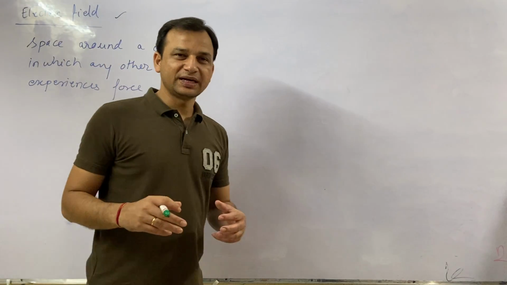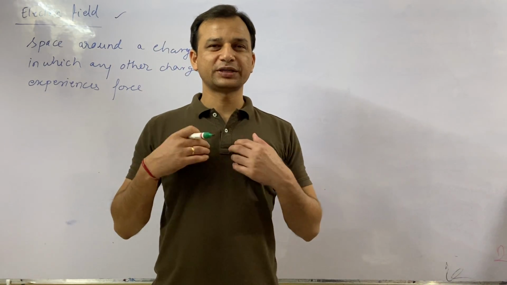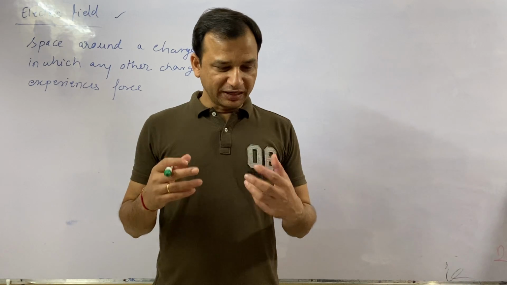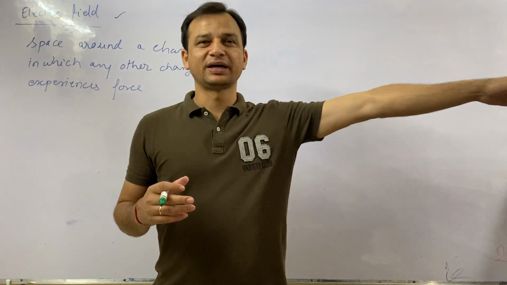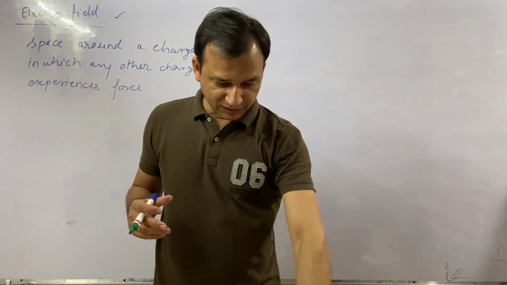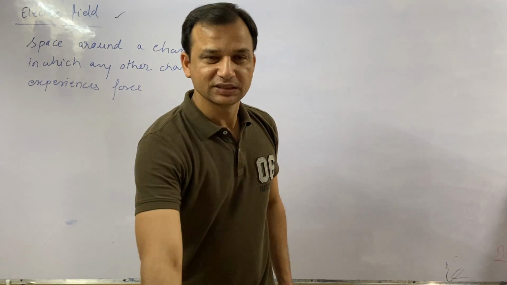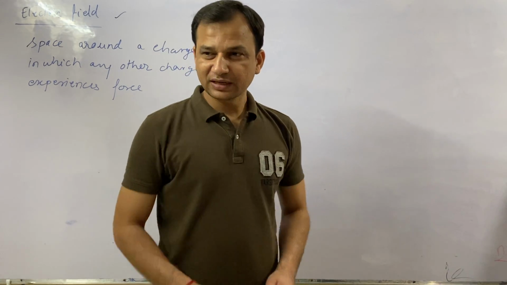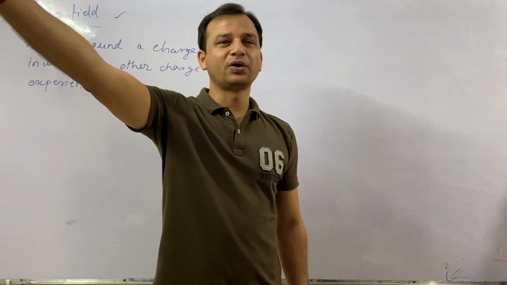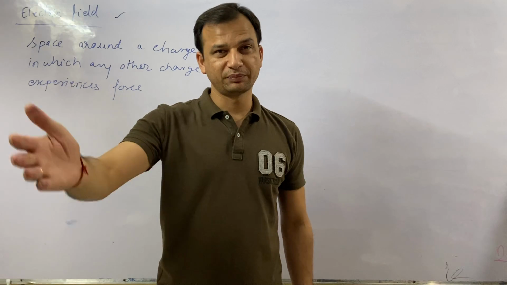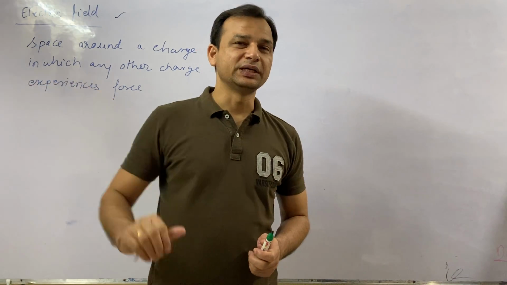So you can relate electric field with the field of any object. For example, right now my field is just limited to the length of my hand. I can pick anything, for example, I can pick this mobile, I can pick this key, but I cannot pick the things which are kept at the other side of the room without moving from here, because my hand is that much long only.